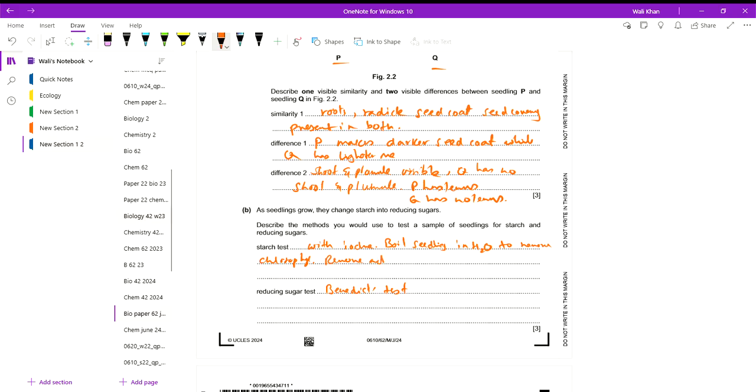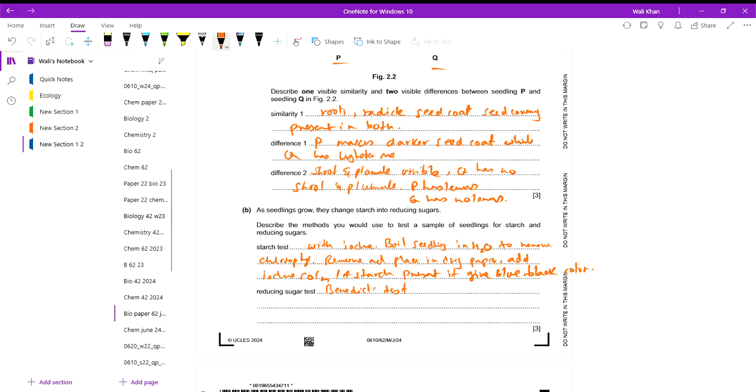Remove and place on dry paper. Add iodine solution. If starch is present, it gives blue-black color.